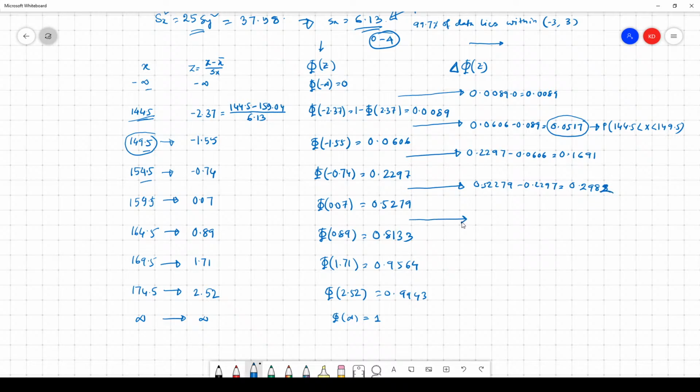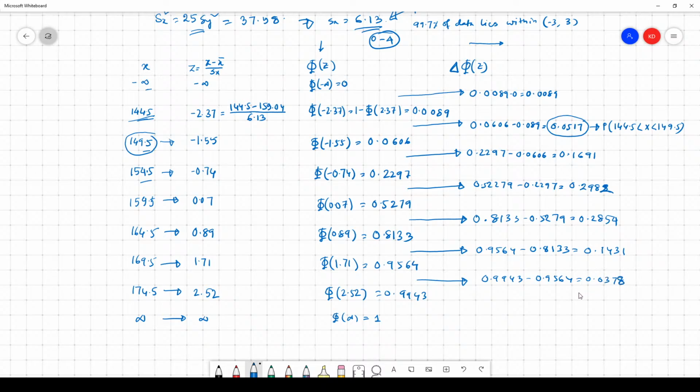Then 0.8133 minus 0.5279 is 0.2854. Then 0.9564 minus 0.8133 is 0.1431. Then 0.9943 minus 0.9564 is 0.0379.